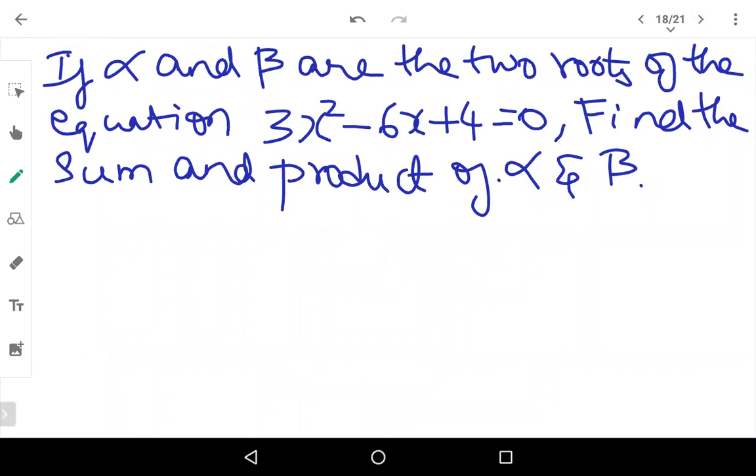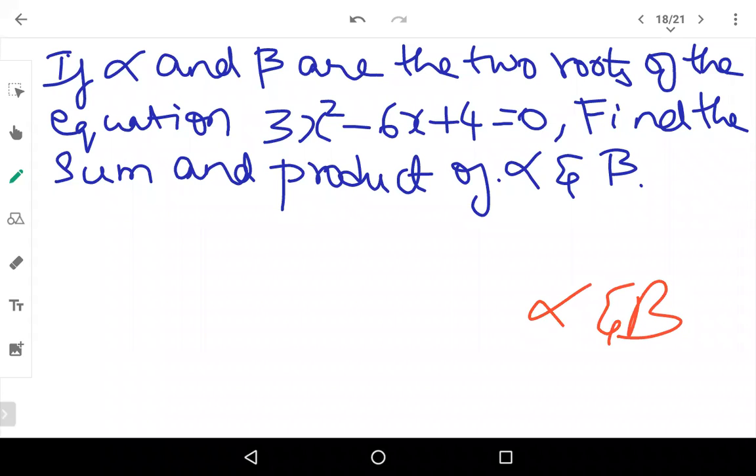Now try solving this problem. If alpha and beta are the two roots of the equation 3x square minus 6x plus 4 is equal to 0, find the sum and product of alpha and beta. The only thing that might confuse you is, what is this alpha and beta?